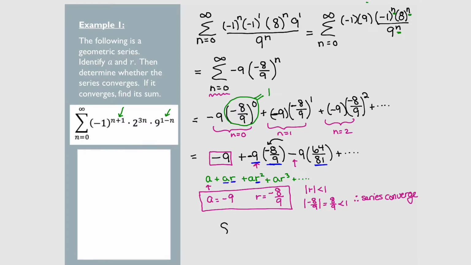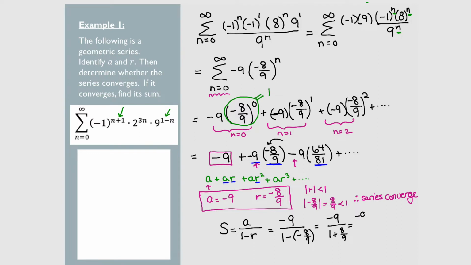To calculate the sum, we want to use our formula S equals A over 1 minus R. For my problem, A is negative 9. R is negative 8/9, so I have to be very careful that I put a negative 8/9 in there. Or in other words, negative 9 over 1 plus 8/9.